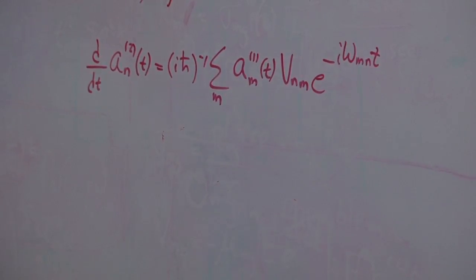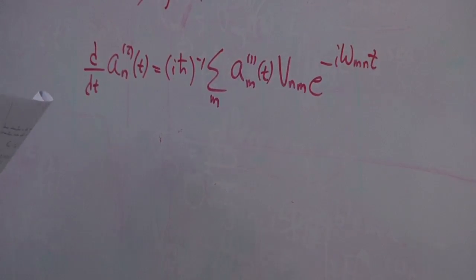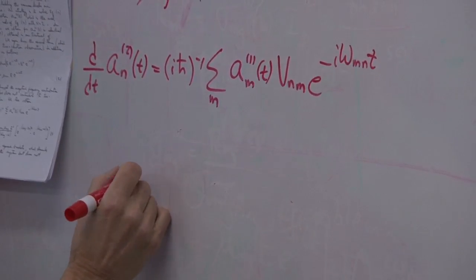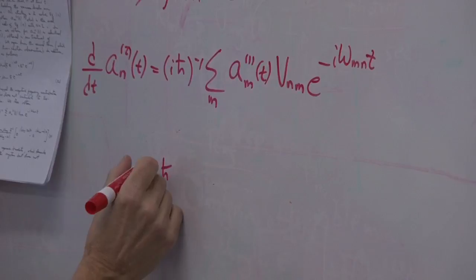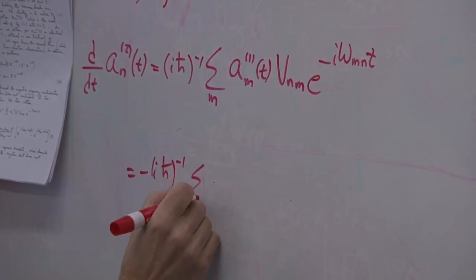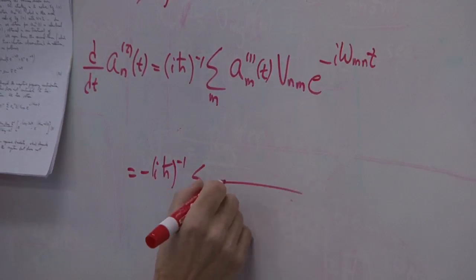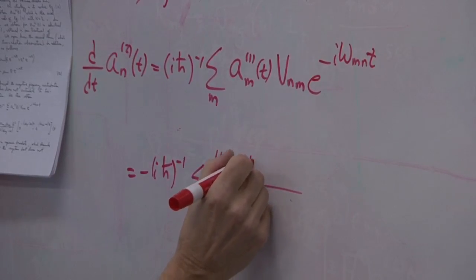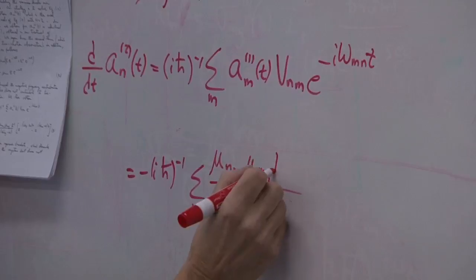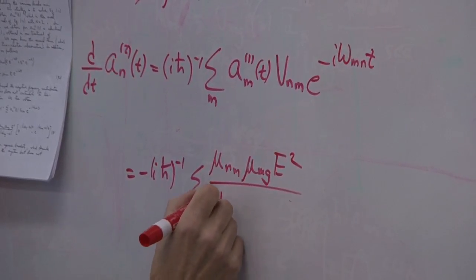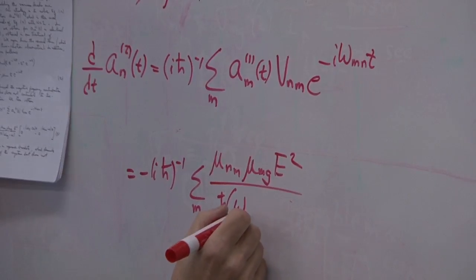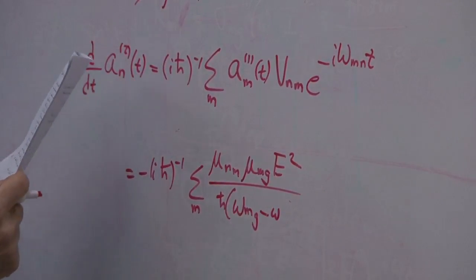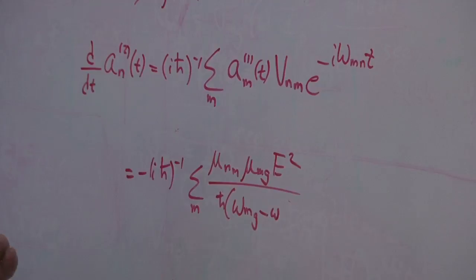So the two exponentials multiply together, and we get, well, you can actually just do, I'll write it down with the integration performed, minus i h bar to the minus 1, sum over m, mu_nm mu_mg E squared over h bar, omega_mg minus omega.